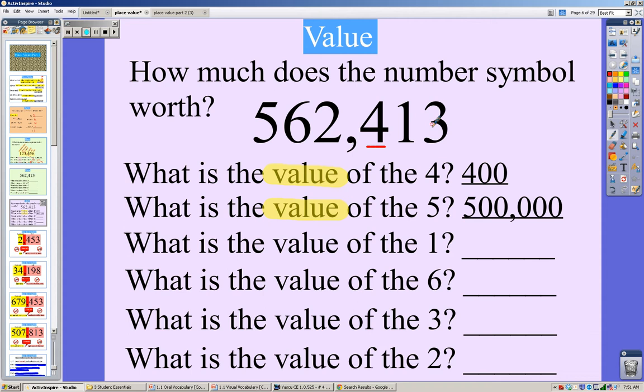And that's what we talked about in class, is that those zeros show place value. They're not really worth anything. It just shows us that there's nothing in the tens, nothing in the ones. So we have 400. Same here with the 5. The 5 is in the 100,000s place. So we put the zeros behind it. There's nothing. It wants us to show what this is worth. It's 500,000. So let's pause and try some of these on our own.